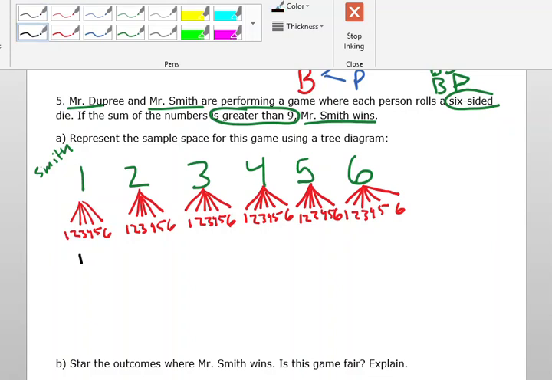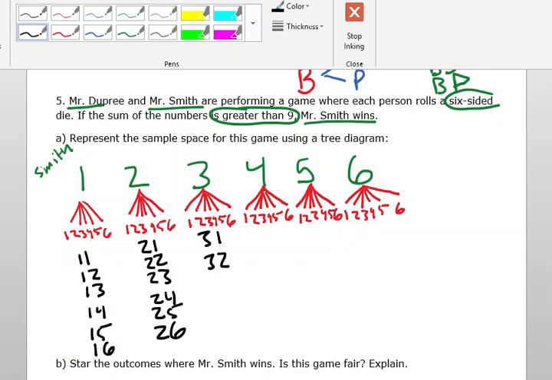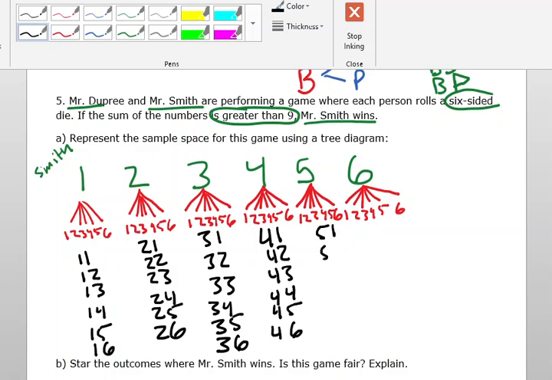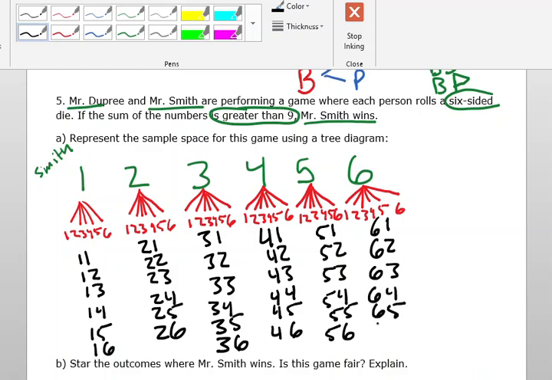So it could be 1,1; 1,2; 1,3; 1,4; 1,5; 1,6; 2,1; 2,2; 2,3; 2,4; 2,5; 2,6; 3,1 through 3,6; 4,1 through 4,6; 5,1 through 5,6; and 6,1 through 6,6.